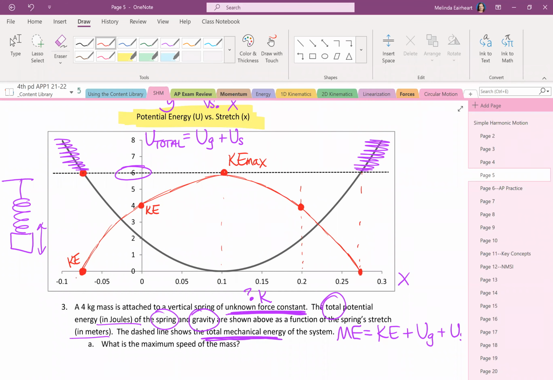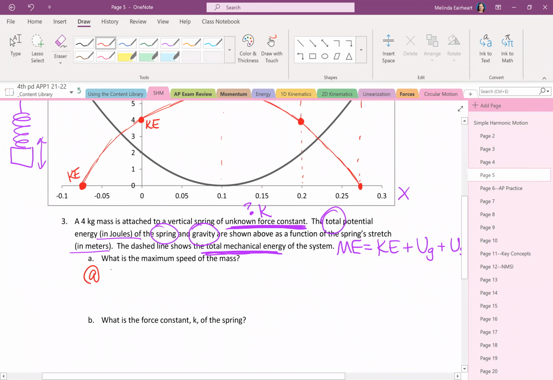Okay. A, what is the maximum speed? Well, wouldn't it be helpful to know the maximum kinetic energy? Which we now know to be what? 6 at some point. And so this is going to happen at equilibrium. That's our fun fact. And so maximum kinetic equals 1/2 m Vmax squared. So we just said maximum kinetic is 6 joules.